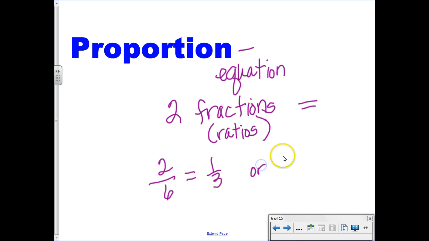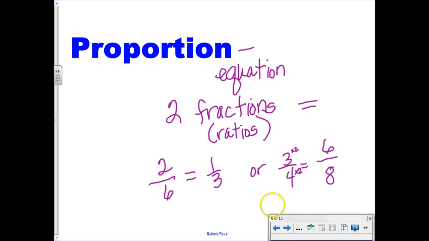Or if I had something like 3/4, and I said, hey, can you think of another fraction that's equal to this one? And you could say, well, let's see here. This is already in simplest form, so if I work the other way to come up with something equivalent, I know that if I multiply numerator and denominator by the same value, I could say that's the same as 6/8, for example.